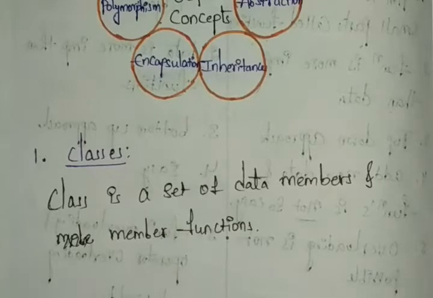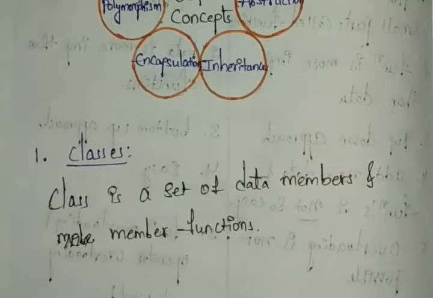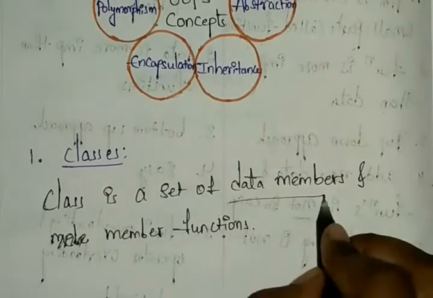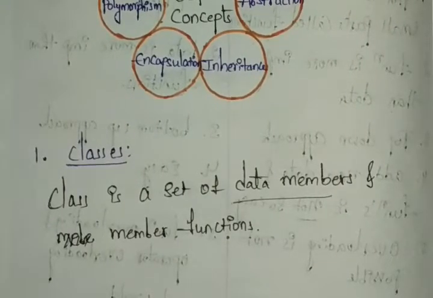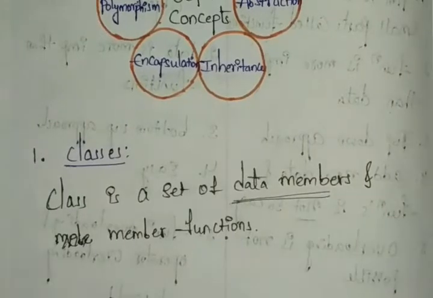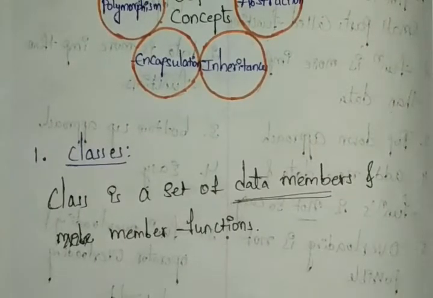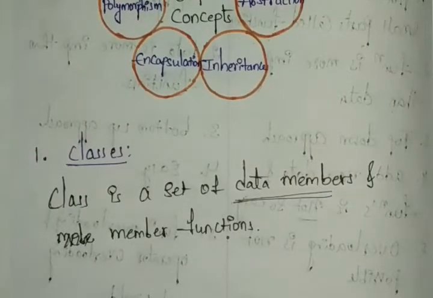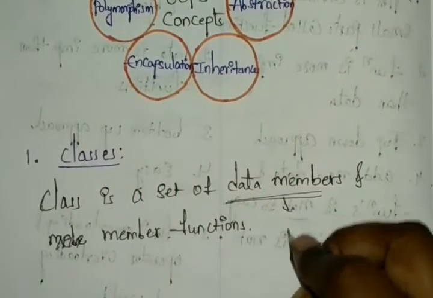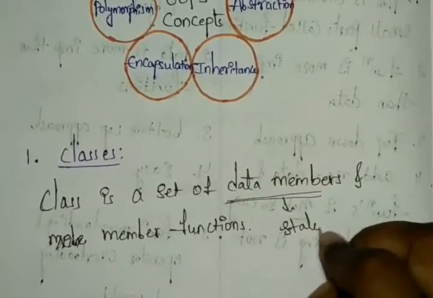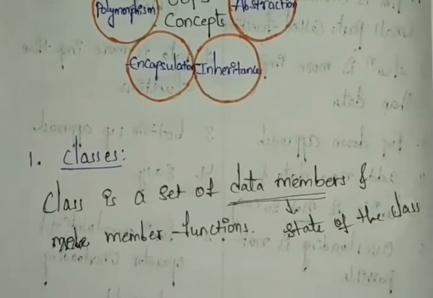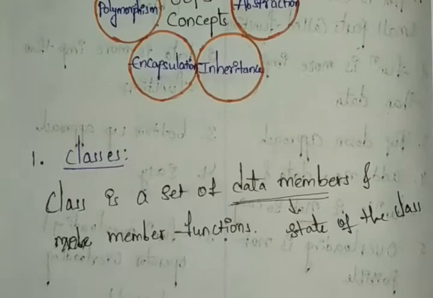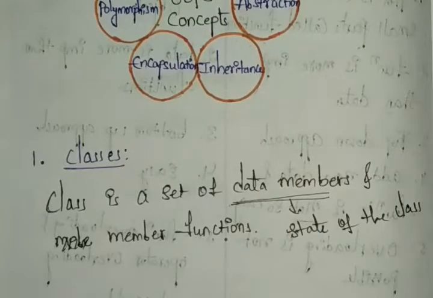The data members are about the state of the class. At present, which state of data we have in the class.